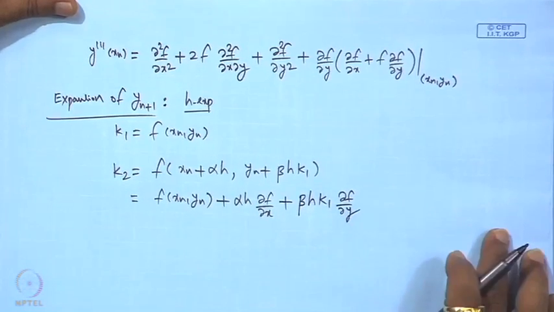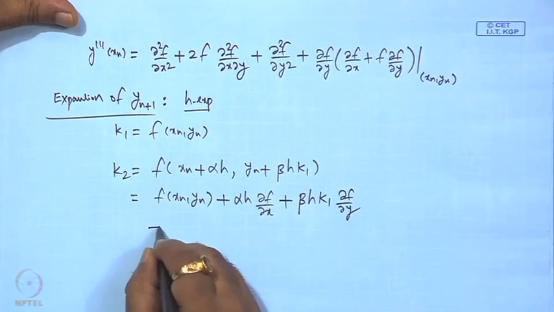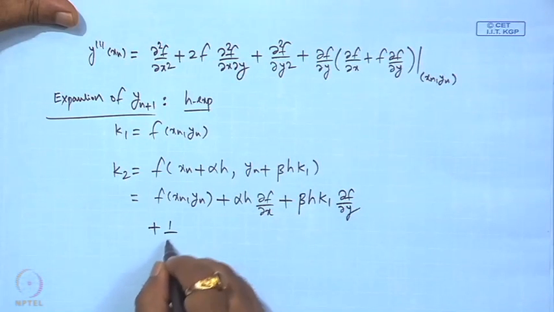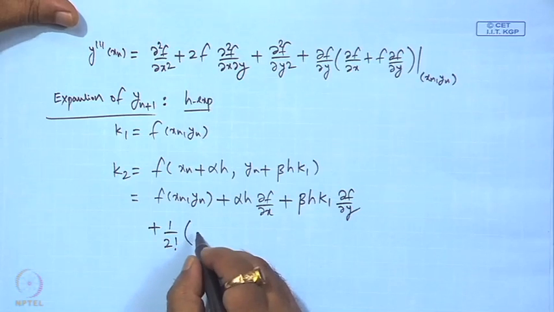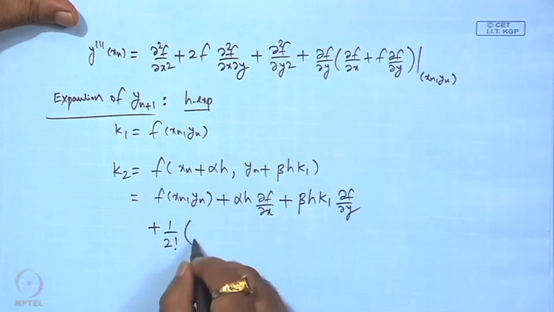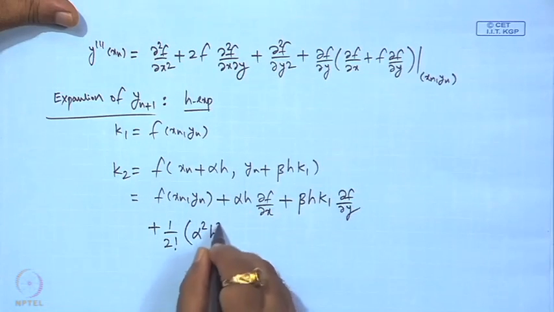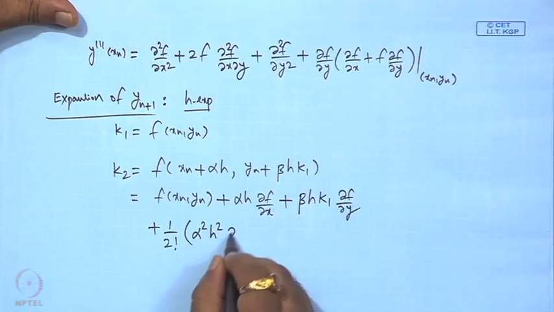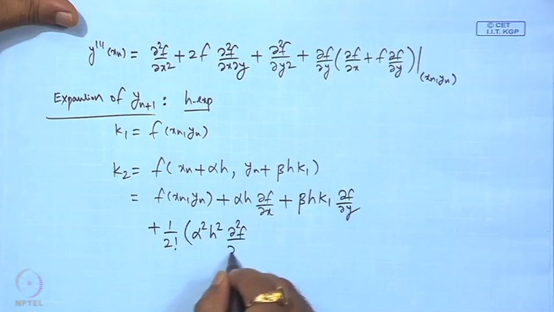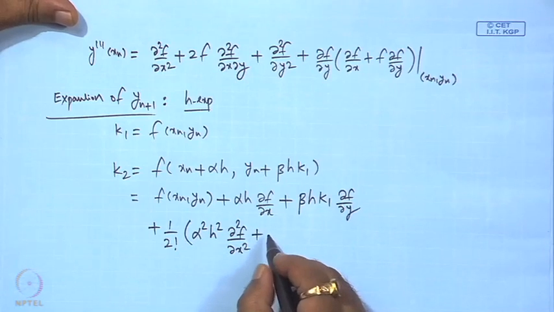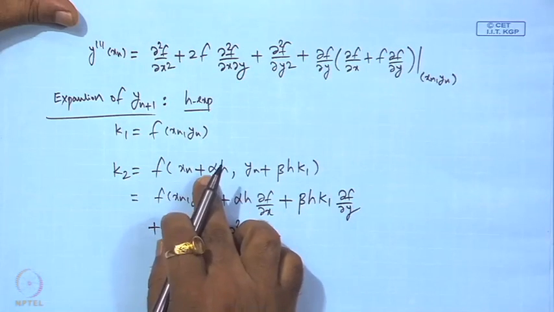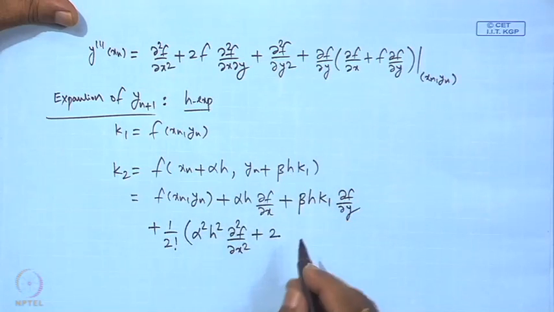So, these are first order terms, plus second order terms. This is the increment. So, alpha square h square, second order derivative, plus the mixed term 2 alpha h beta h.